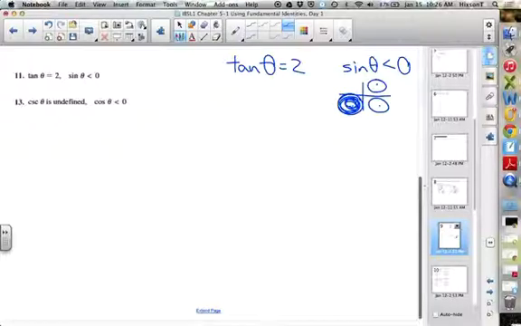Now that we know tangent is 2, where could we go from there? To cotangent. Start easy. Cotangent is a half.